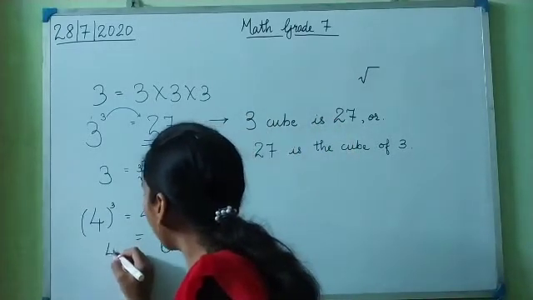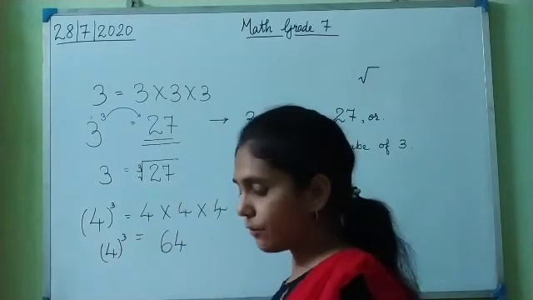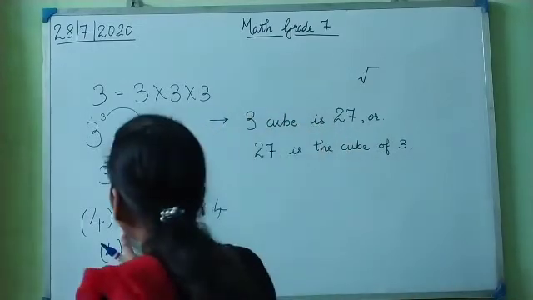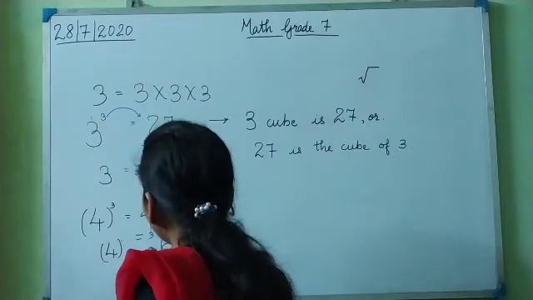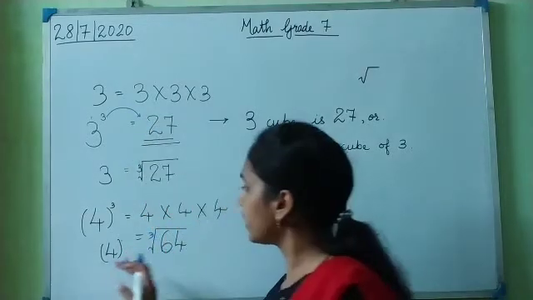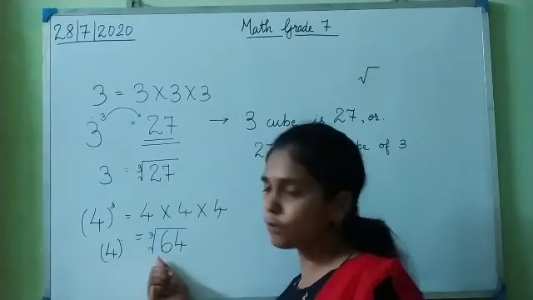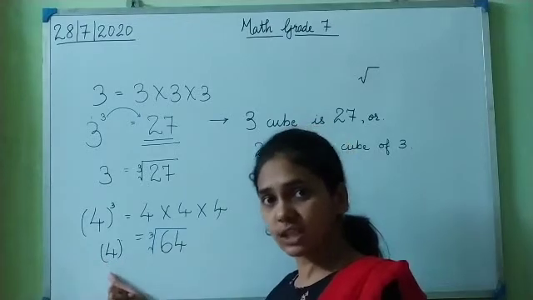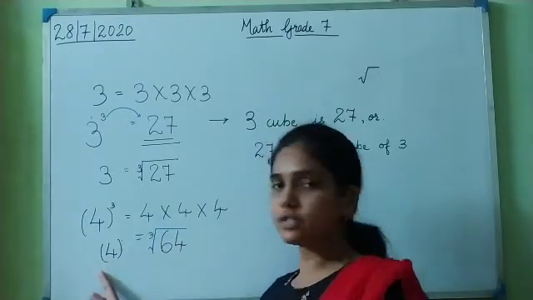So the cube of 4 is 64. If we want the cube root of 64, which number multiplied by itself 3 times gives 64? The number 4. So the cube root of 64 is 4.